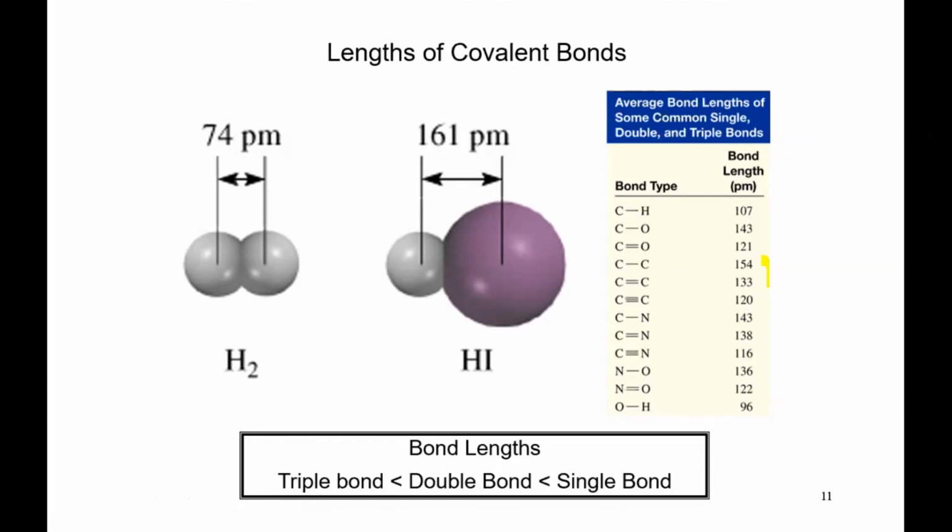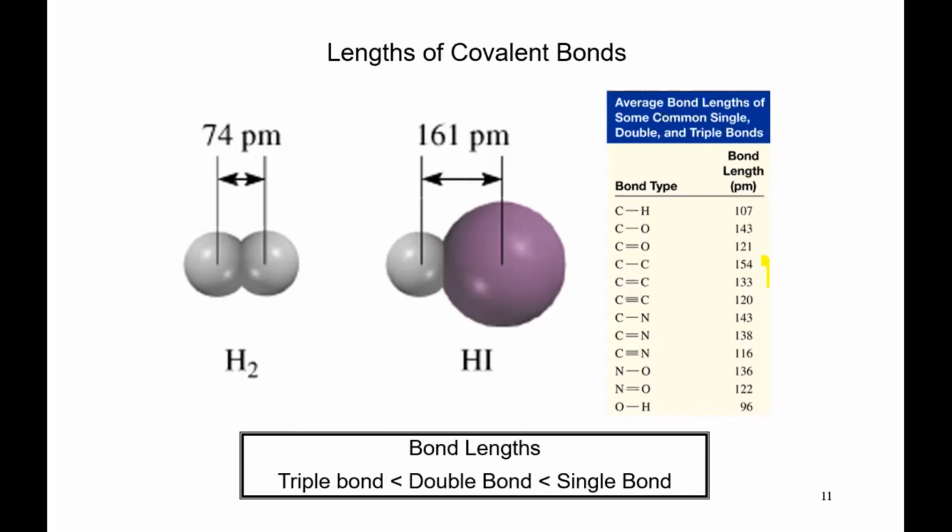So for example, for this HI molecule, I should be able to see an electron density that's uniform pretty much across, coming over from the hydrogen into the iodine, with perhaps a little bit more density right in between where that pair of electrons is being shared.